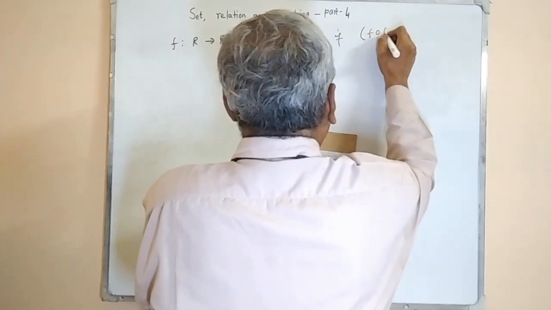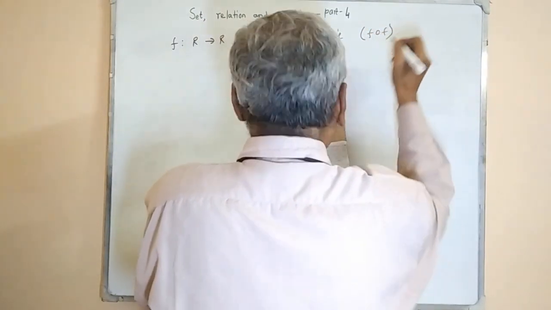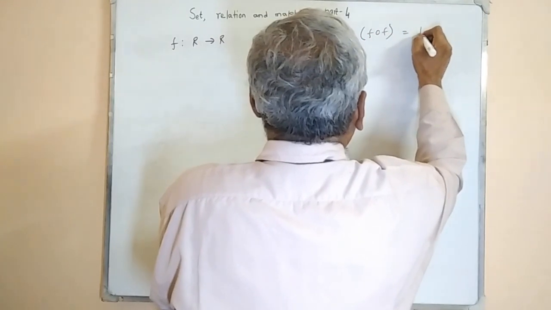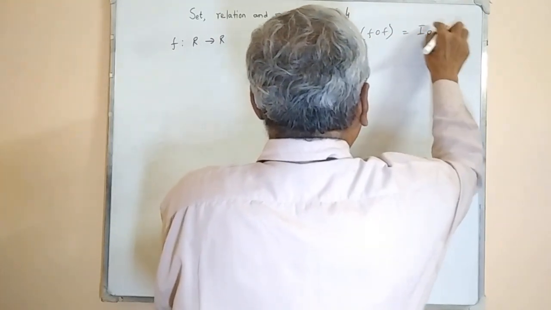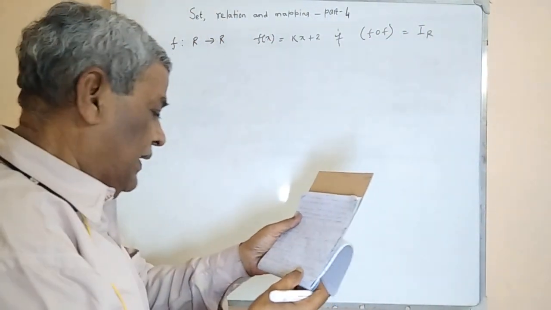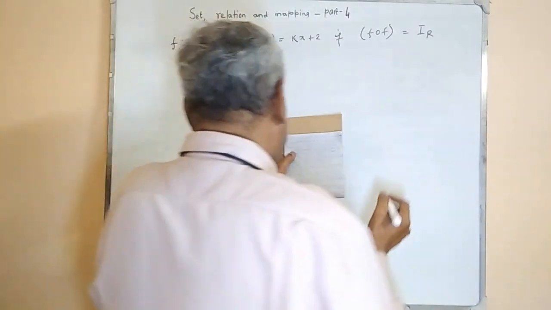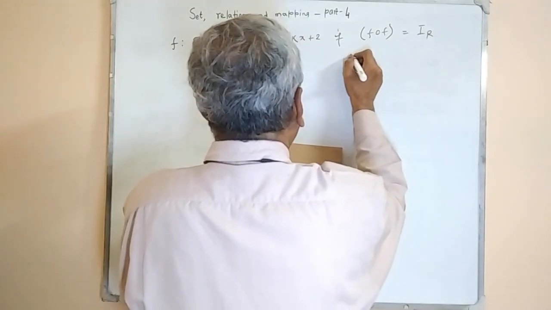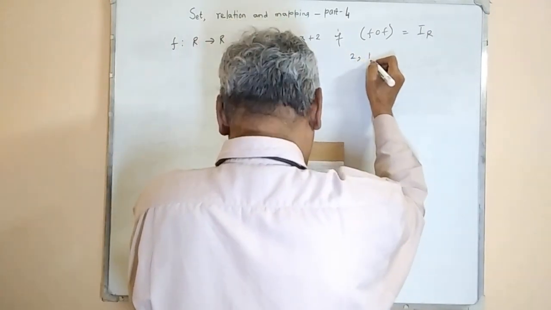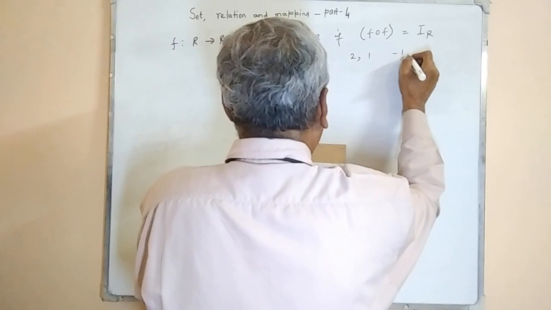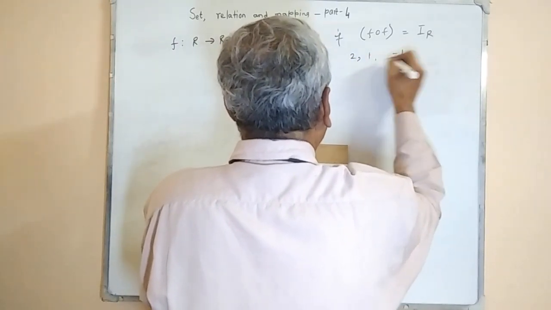If the composition f∘f is an identity mapping on R, then the value of k is: options 2, 1, -1 and -2.